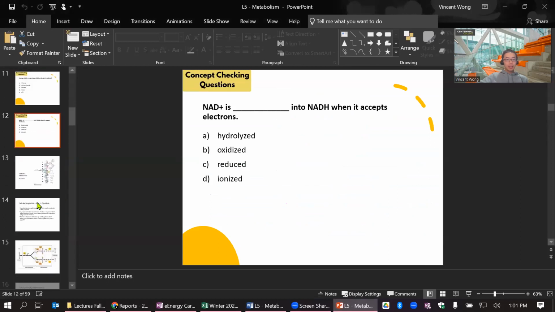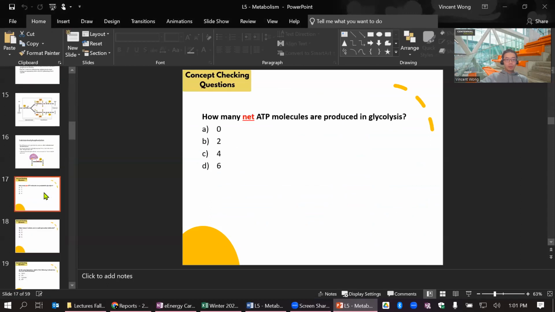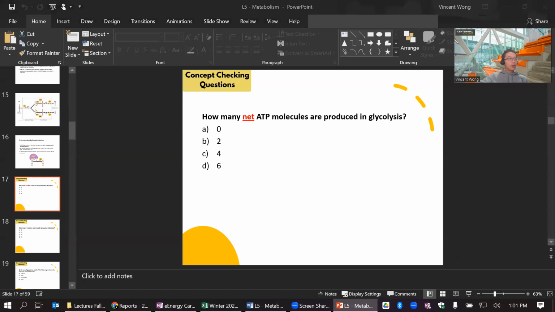Okay. Let's see, we have other questions here. How many net ATPs are produced in glycolysis?